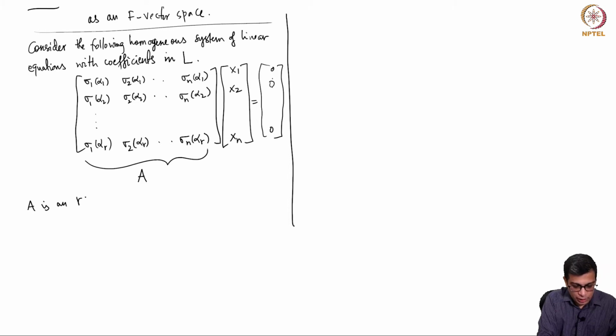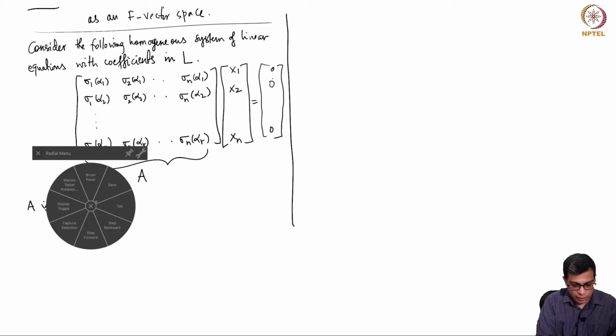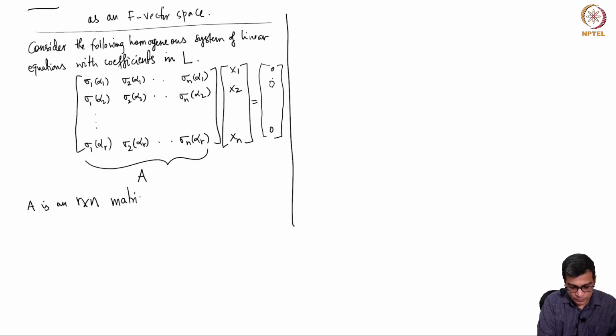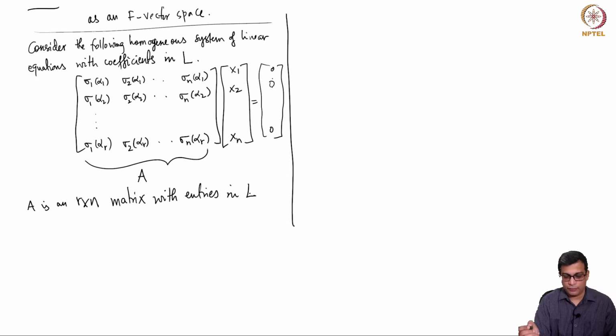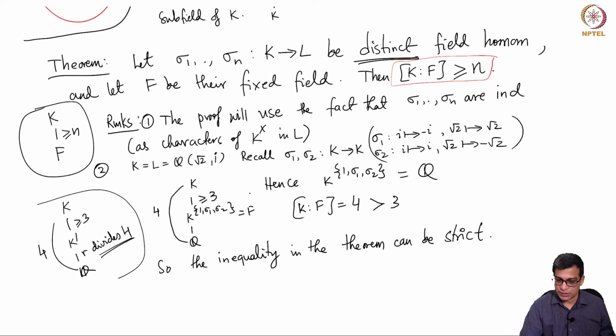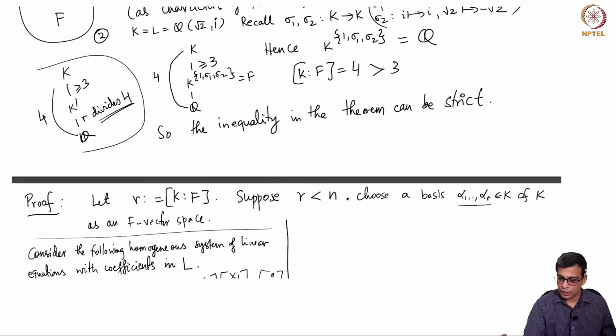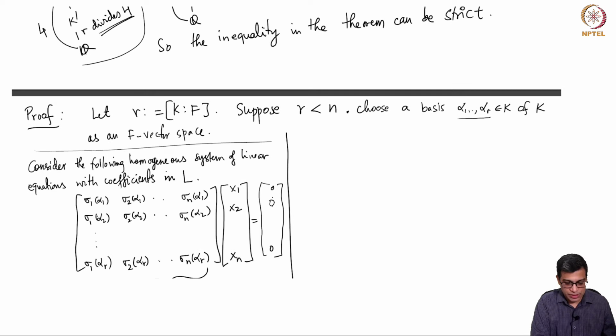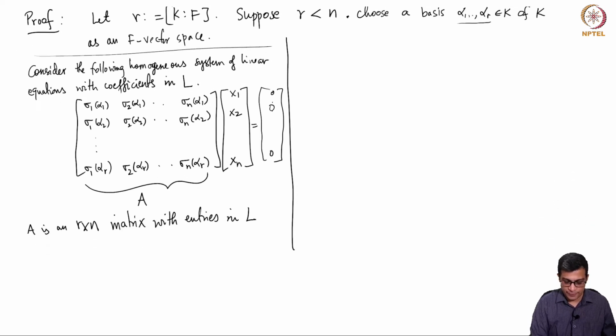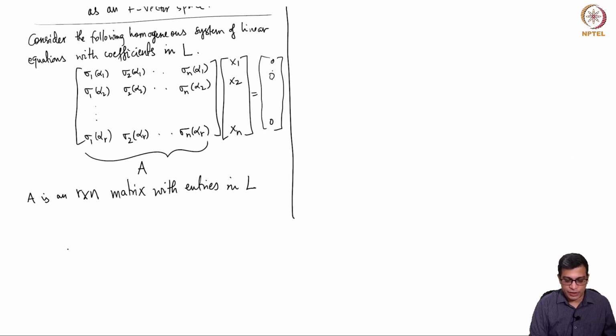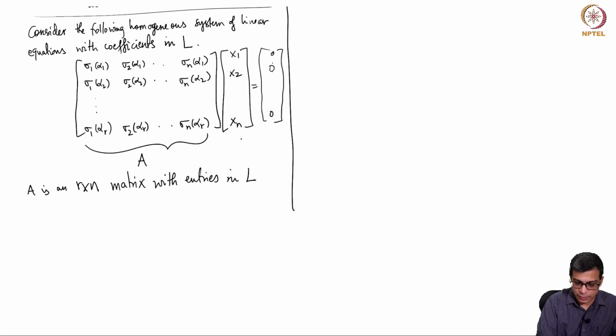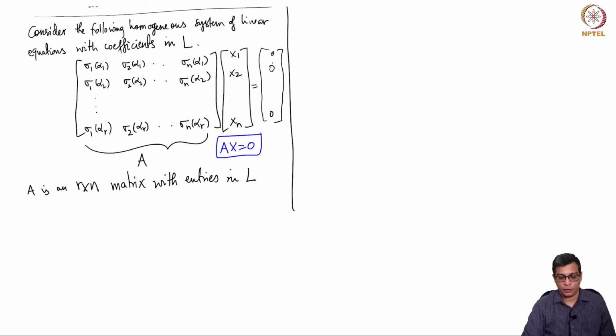So A is an r by n matrix with entries in L, of course, because, remember the hypothesis, the sigma i's are functions from K to L, alpha i's are in K, so sigma of alpha i's is in L. So A is an r by n matrix with entries in L, and the system is nothing but Ax equal to 0, right?